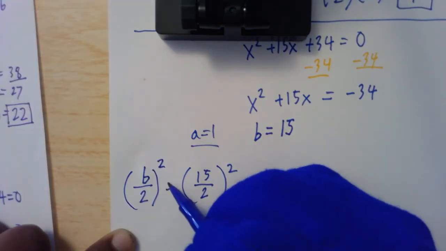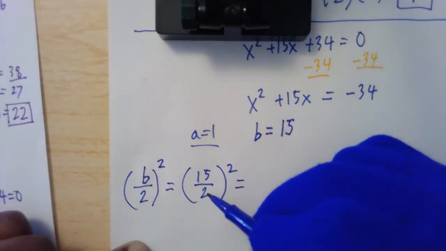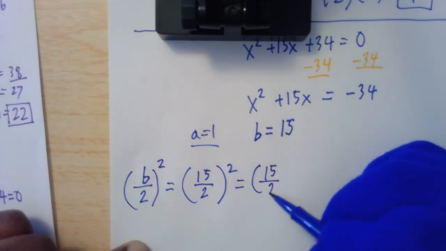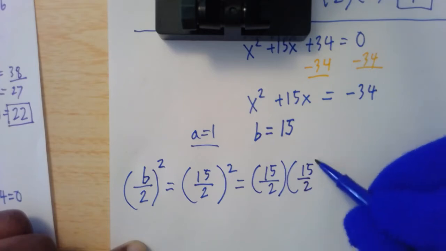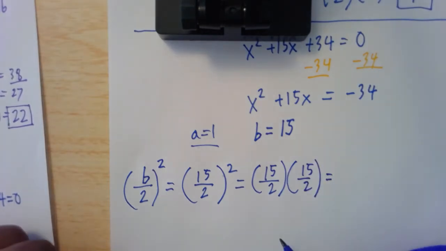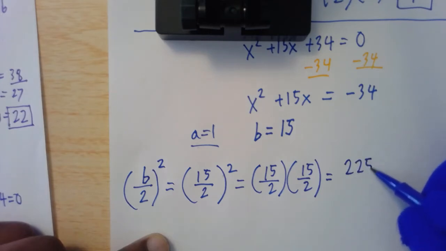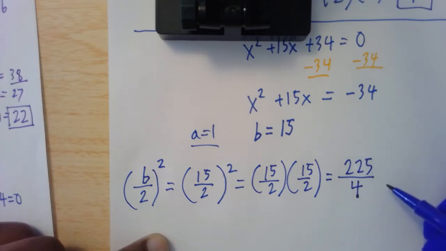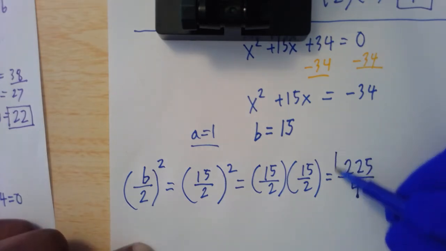That gives us 15 over 2 to the second power, which is the same thing as 15 over 2 multiplied by 15 over 2. Plug that into my calculator. 15 times 15 is 225, and 2 times 2 is 4. If this divides and gives me a whole number, I write the whole number as my answer. If it doesn't divide, I leave it as a fraction.